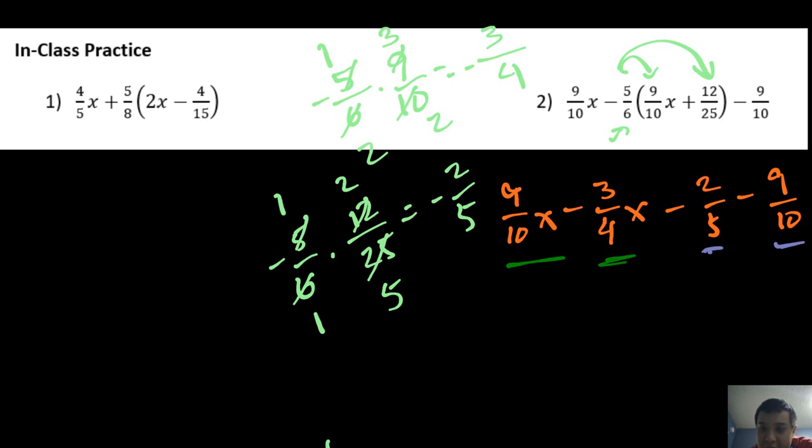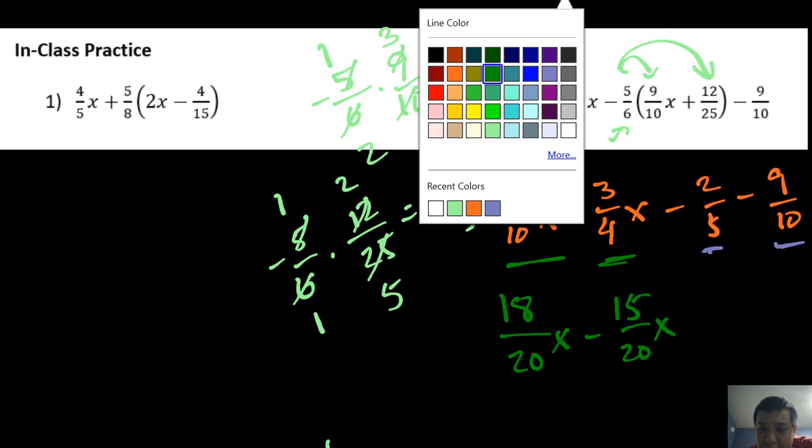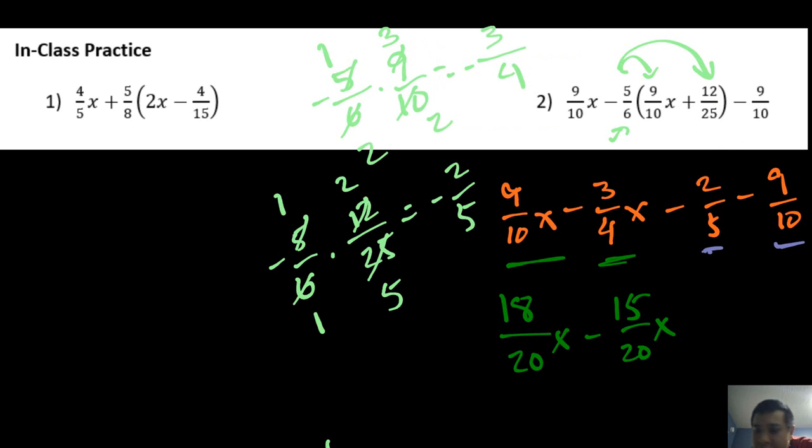So let's start off with these two. Our common denominator is 20, so we're going to make it 18 over 20x. Multiply both numerator and denominator by 2. Down here, 3/4 is the same thing as 15/20 because we multiply both of those by 5. Here we only have to change the 2/5, because the common denominator is 10.